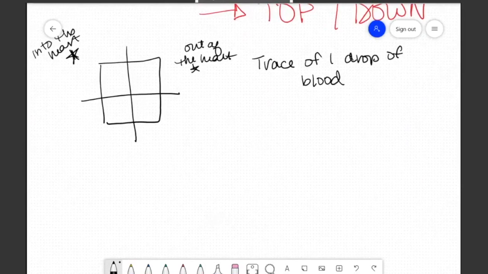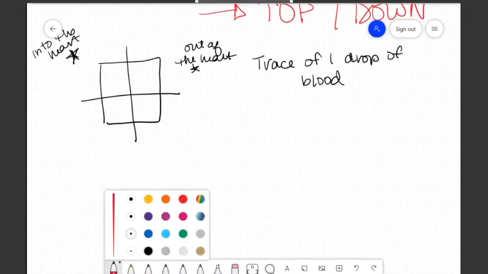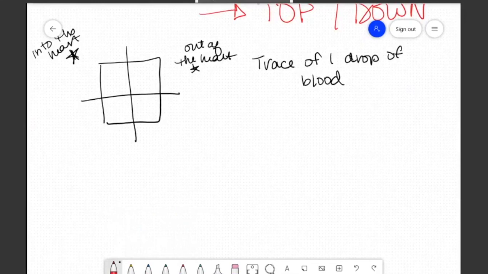process. So the first thing we're going to do is the blood is going to come into the heart. So blood is coming into the heart. So that will come through the right atrium. Actually, we're going to do this.